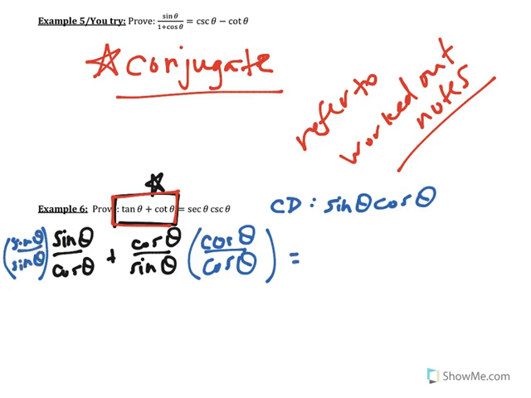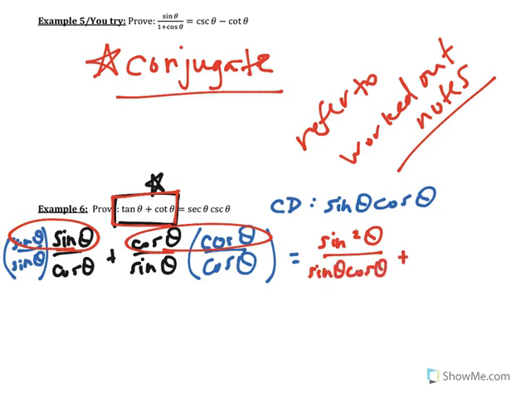Okay, now I'm going to clean it up. So you multiply the top, and then you'll just have your common denominators on the bottom. So sine times sine, sine squared, over sine cosine. Cosine times cosine is cosine squared, over my common denominator.